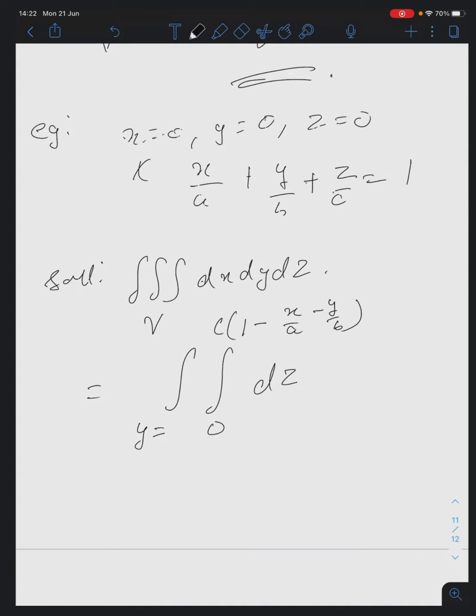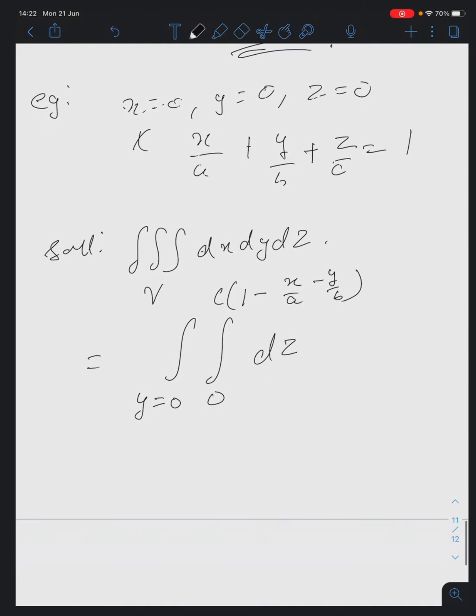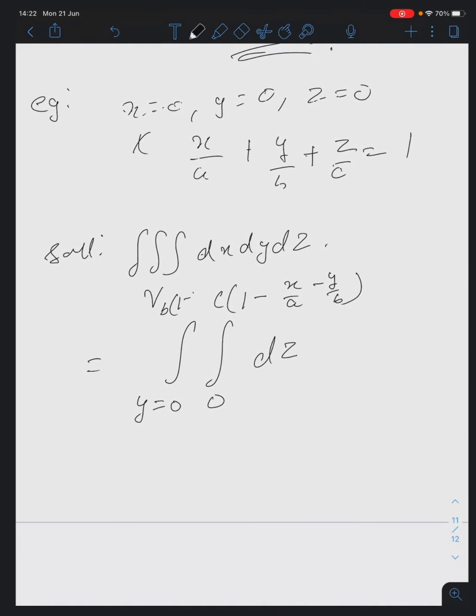So y limit will be from where to where? Again the same triangle you will get in xy plane, if you imagine. Are you able to follow? Yes, ma'am. Okay, so same triangle you will get. So y is equal to 0 to b into 1 minus x by a. And limits of x will be constant, x is equal to 0 to a.